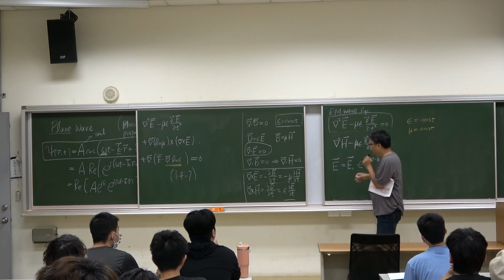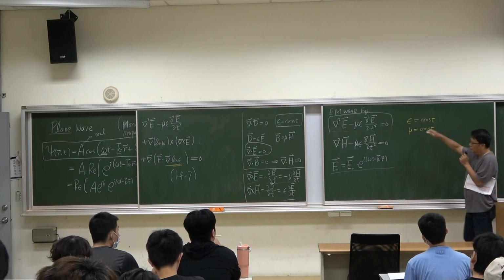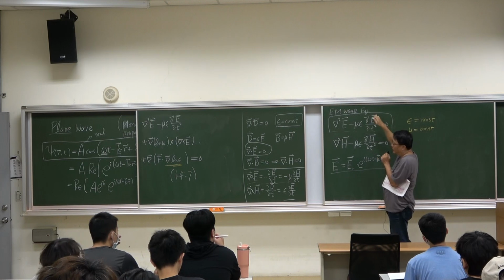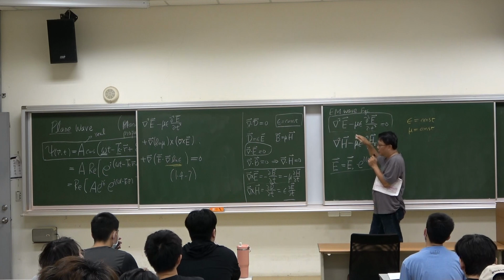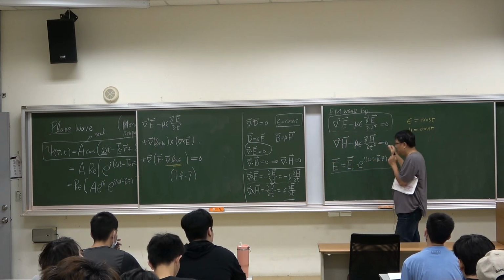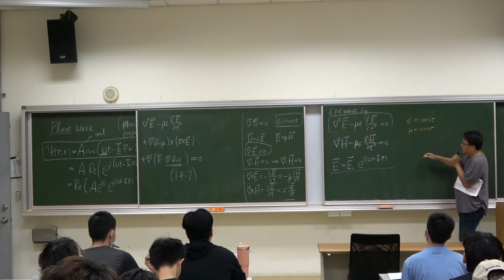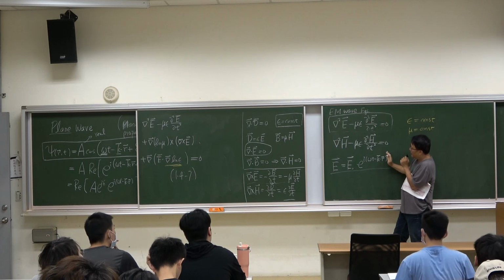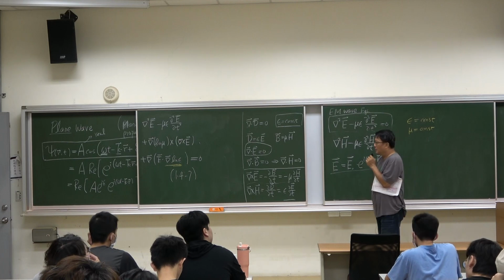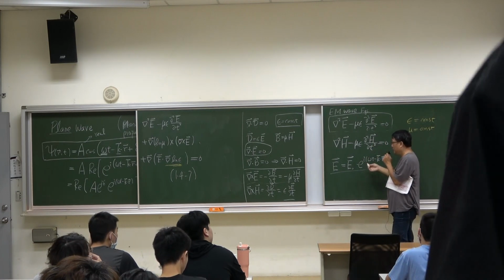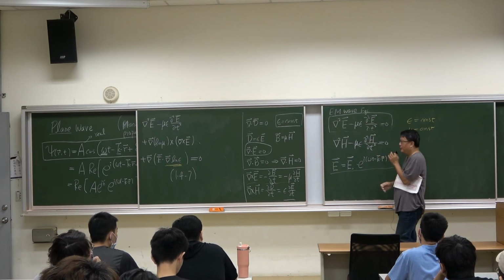So we can use this complex representation of the E field to study the wave propagation problem. We use complex representation because it is usually simpler when differentiating, and you take the real part when needed. The real representation and the complex representation of the same field satisfy the same wave equation.